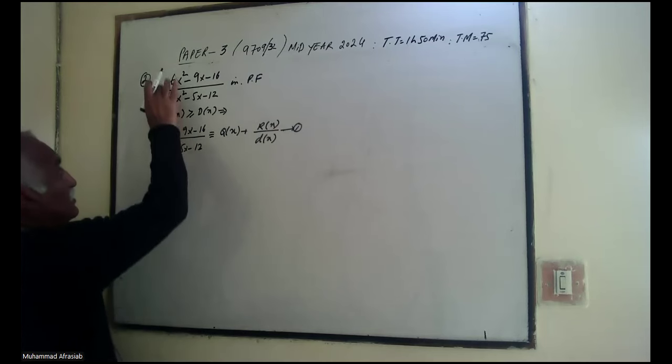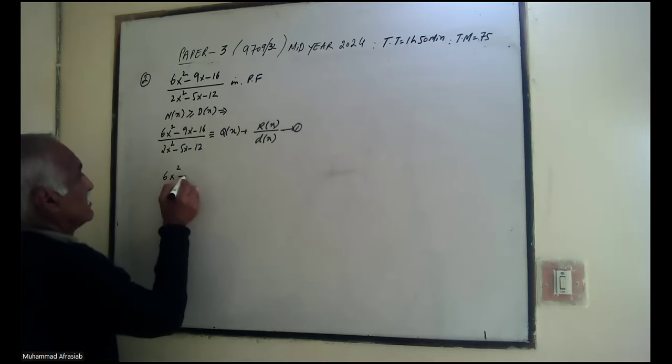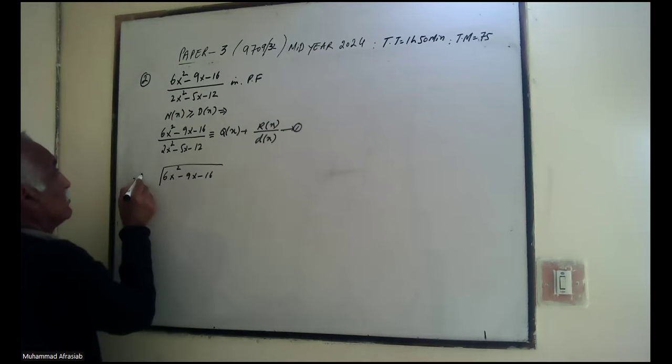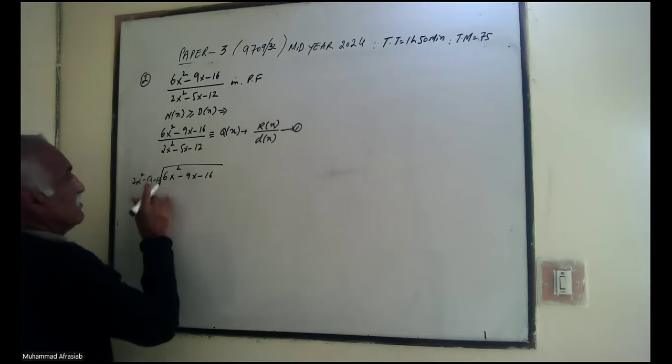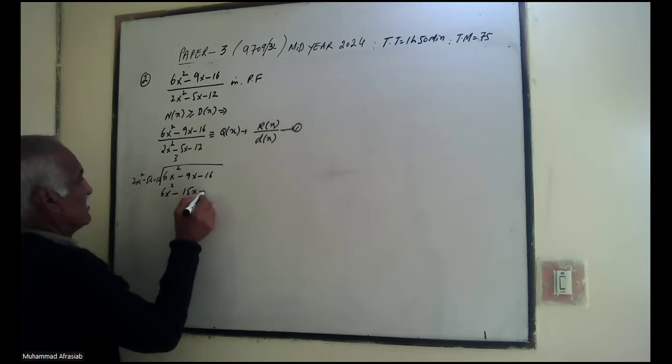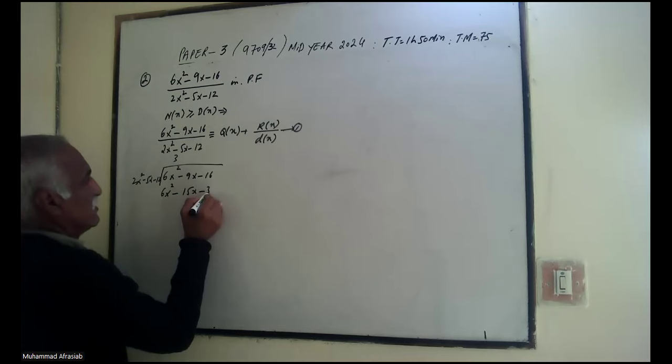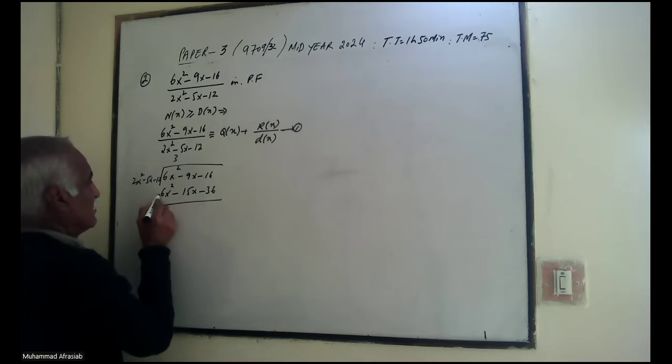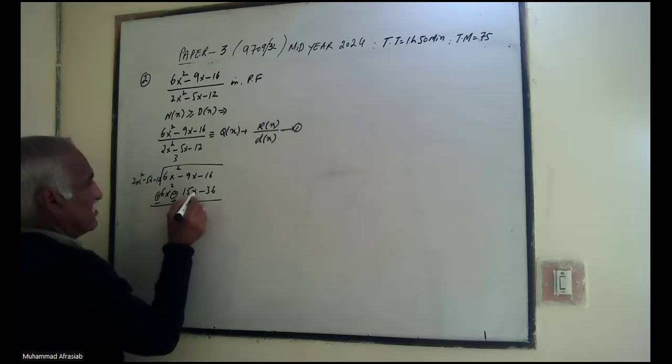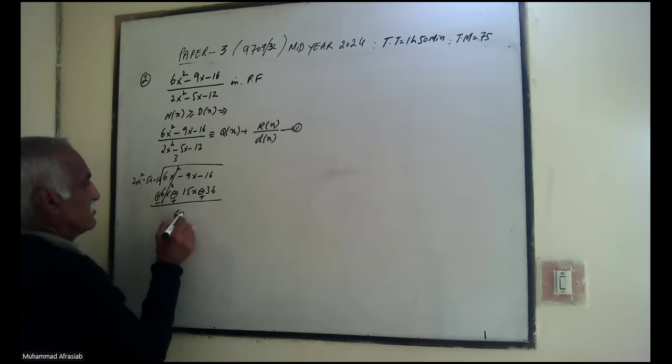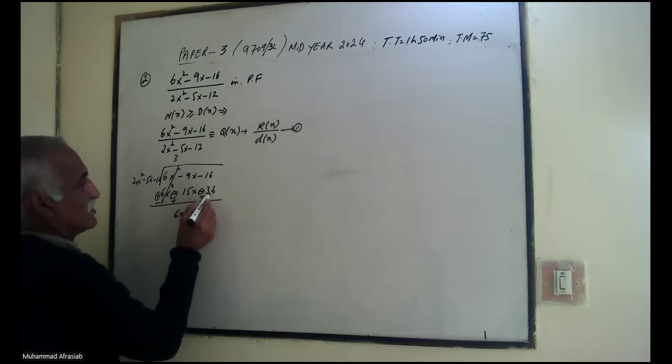So because it is going to divide, first of all 6x squared minus 9x minus 16 is divided by 2x squared minus 5x minus 12. So it will be 3 there. 6x squared minus 15x minus 36. If we subtract the lower part from the main expression, then 15x minus 9x is 6x, plus 36 minus 16 is plus 20.